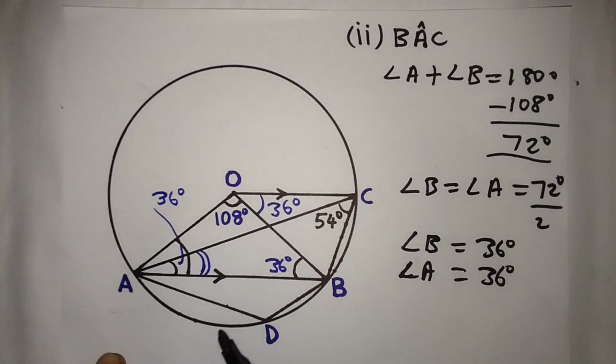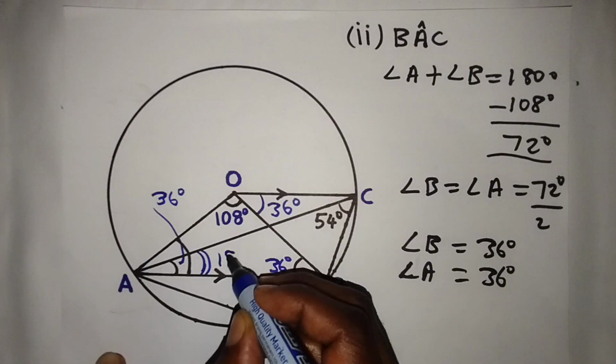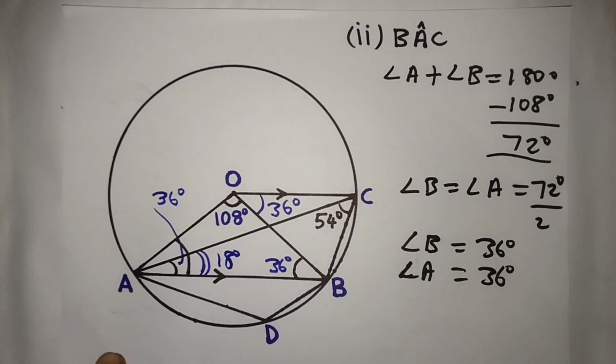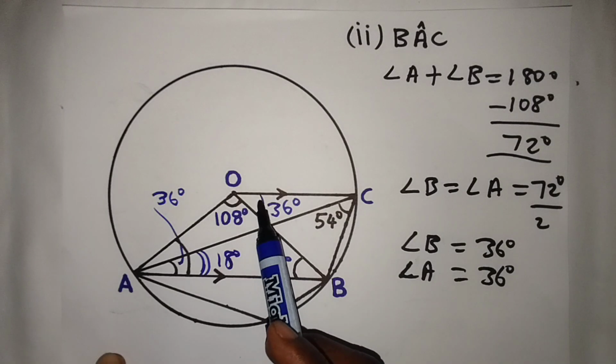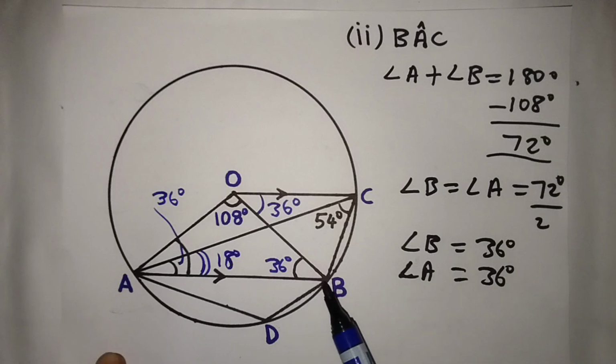Why? Because the angle BAC is subtended at the circumference by the same arc BC. Hence, it is equal to half of this one, which is equal to 18 degrees, based on the theorem which says angle at center is 2 times the angle at circumference, provided they are subtended by the same arc.